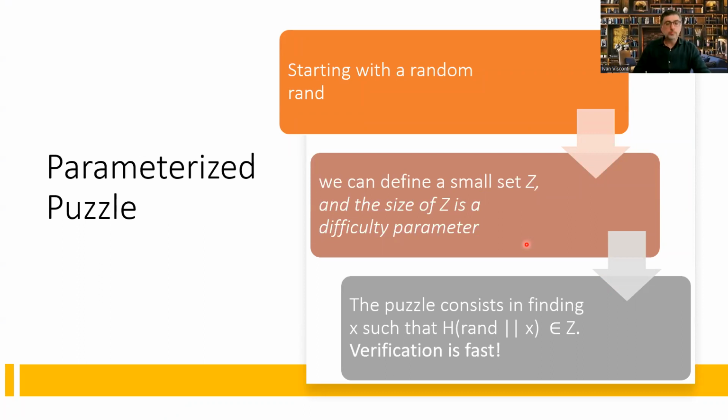So this is a puzzle because you have to find X, right? So there is work for you to do. But once you find it, it's very trivial for everyone to verify that you actually have resolved the puzzle because you have found such X, okay? Because verification is just an execution of the hash function, which is designed to be extremely fast. And now you can also understand that if Z is a small set, this is difficult. If Z is a large set, this is easy.